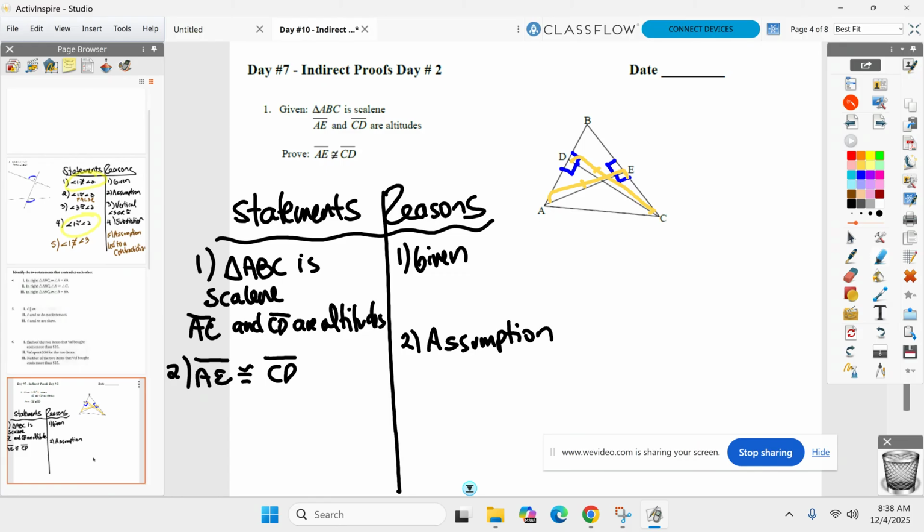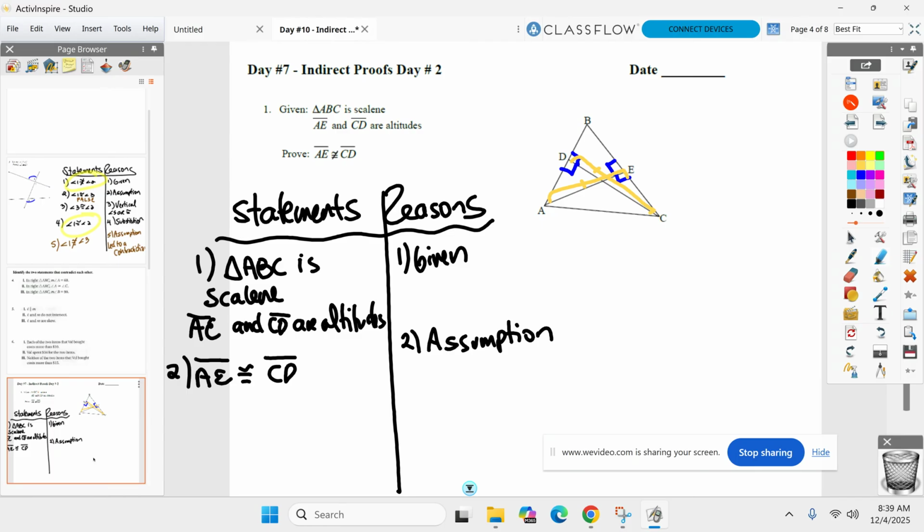Do you see two overlapping triangles in that diagram that if I prove congruent, I could prove the sides of ABC congruent? I want to prove the sides congruent. Do you see two overlapping triangles up there? See them? Highlight them then if you see them.